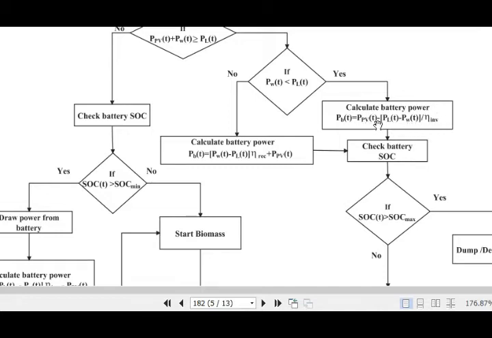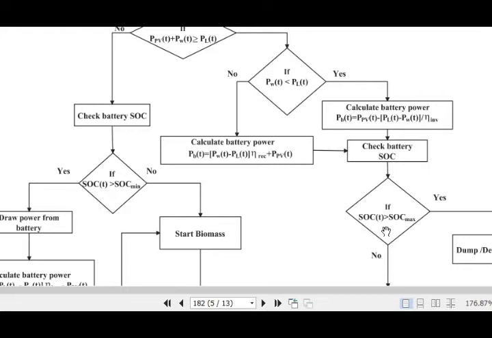So subtracting this deficient amount from the solar PV, that will be provided to the battery.